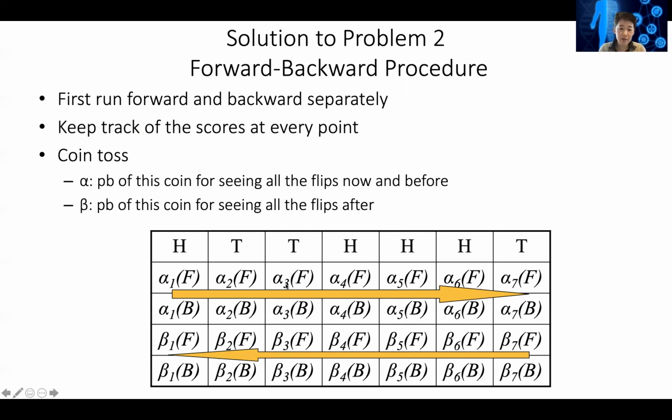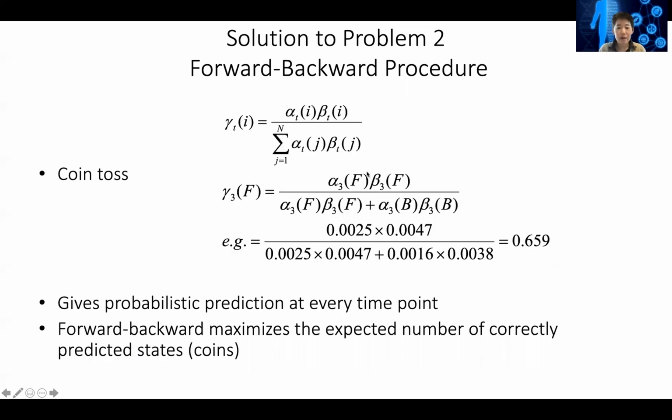And that is just the probability, but you have to sum over all your other options. And what are the other options at this location? You can either use a fair coin or you can use a biased coin. The probability at this location of getting a fair coin is the alpha 3 fair times the beta 3 fair at this location. But what if I'm using a biased coin at this location? That's your alpha 3 using biased coin and the beta 3 using biased coin.